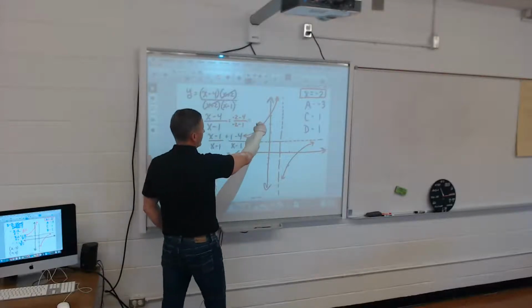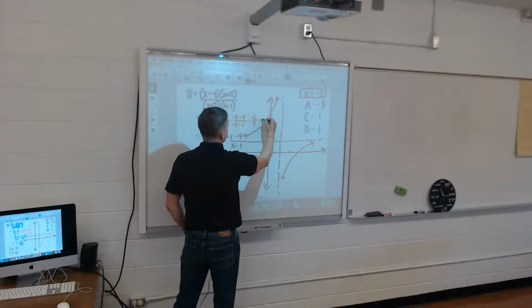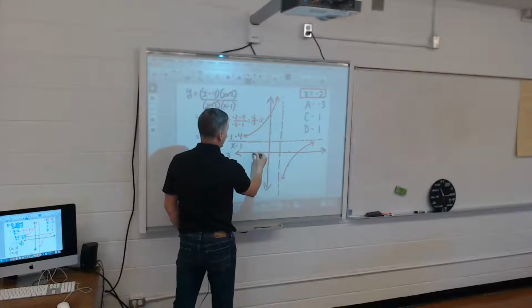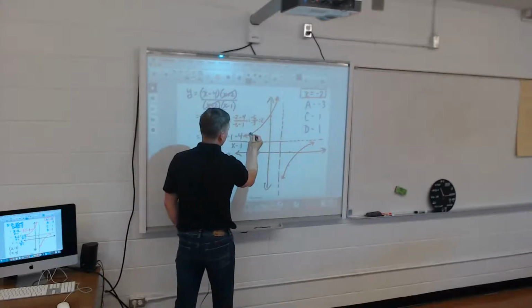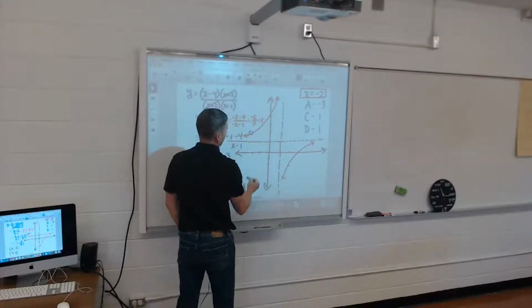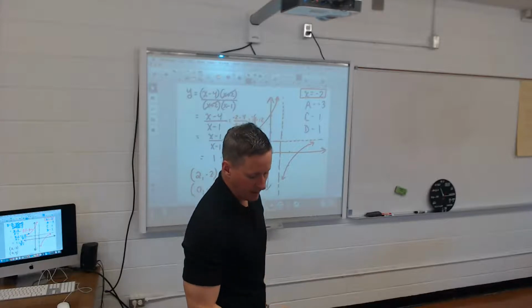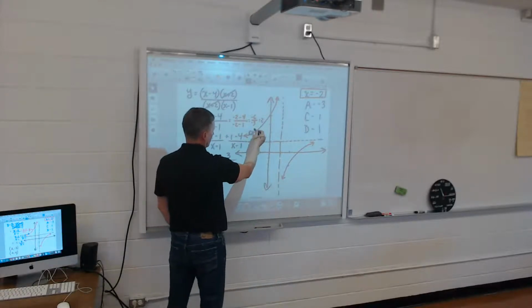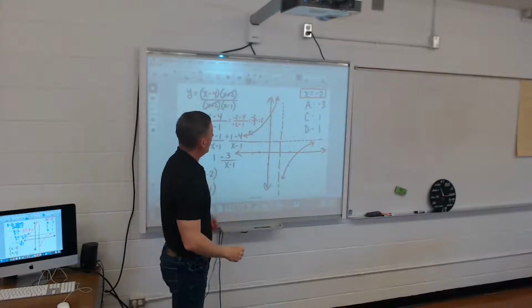So -2 subtract 4 is -6 over -3, which gives me 2. So at (-2, 2), right here, I draw in my hole, which is my point of discontinuity. So at (-2, 2) is my point of discontinuity, so I draw an open dot on the graph.